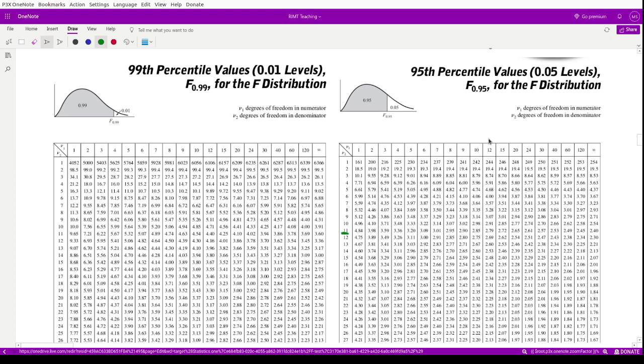We will check for 11. 11 is somewhere between 10 and 12, and no explicit value is given to us. So we will take the average of these two values, that means 2.85 plus 2.79 divided by 2. That is 5.64 divided by 2, so that would be 2.82. So your tabulated value would be 2.82.